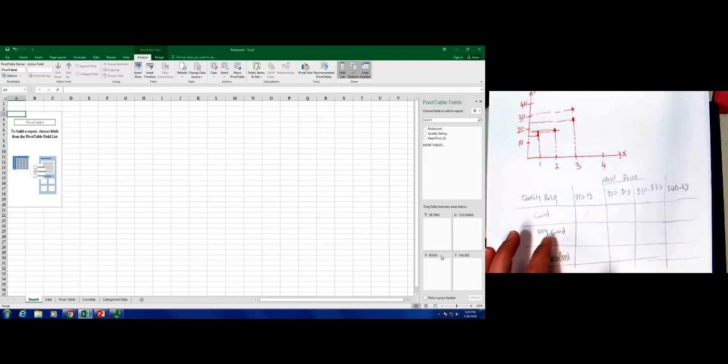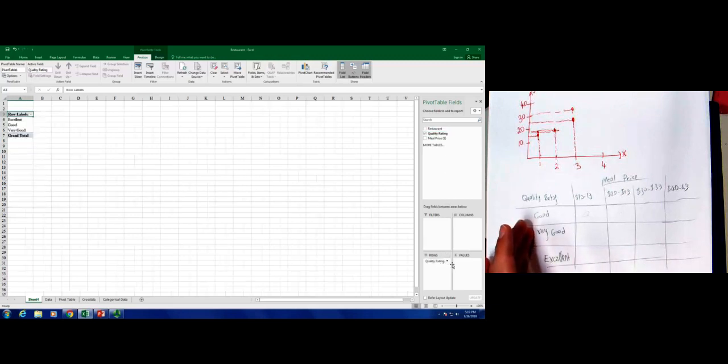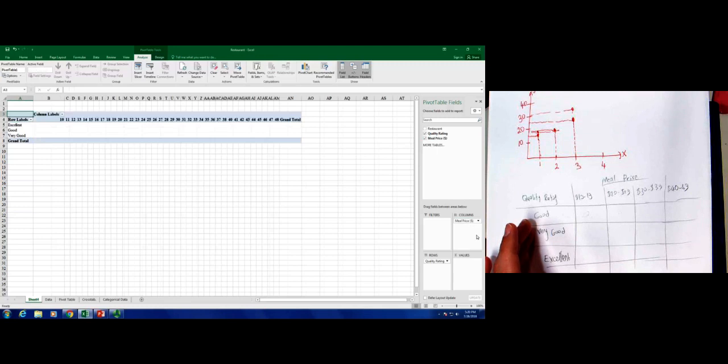Now here, what is our column variable and the row variable? Here you see the row, columns, percent values. Whichever variable you selected as a row variable, you put it in the row. We selected quality rating. So as you see here we have excellent, good, very good in the row. And the meal price is the column variable, so we drag it to the columns.